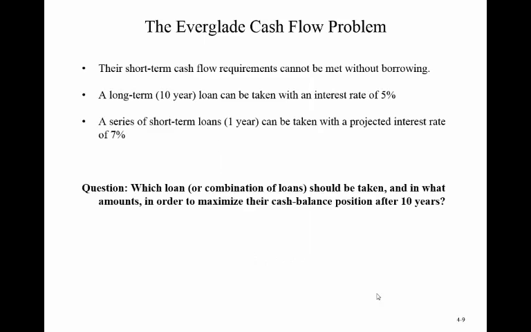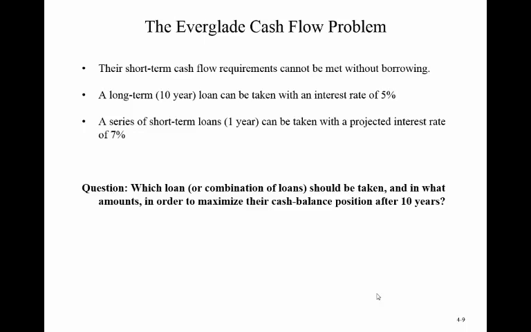The decision here was that they can't meet their cash flow requirements without some amount of loans. And there were two basic options on the loans. One was a 10-year loan that would cover that entire period, and it had a low interest rate of 5%. Or you could do a series of 1-year loans over a subset of the years.